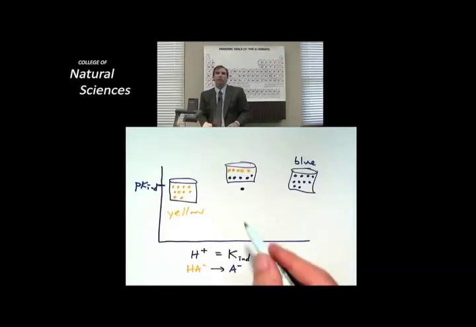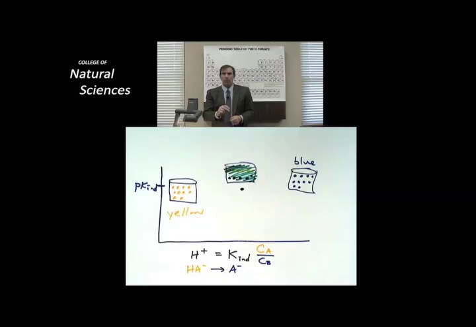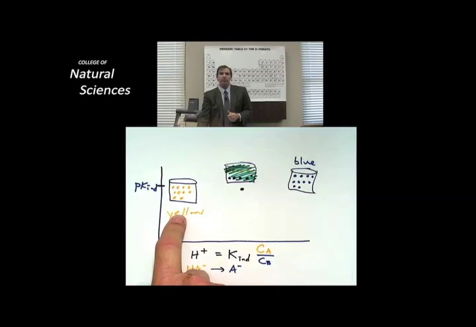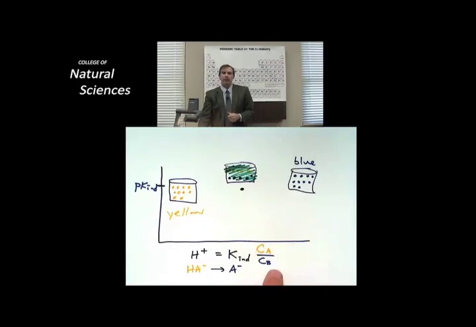You're seeing a green solution. That's what's actually happening in this transition that's occurring. As I go from yellow through green at perfection, where this indicator is a 1-to-1 ratio, where the pH equals the pK of the indicator, on through to the blue.